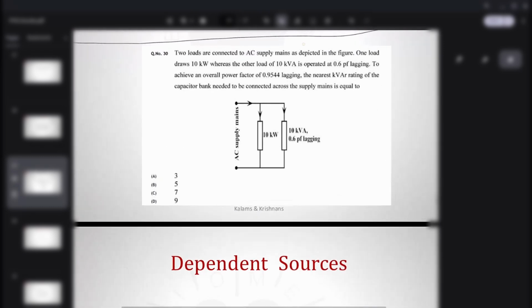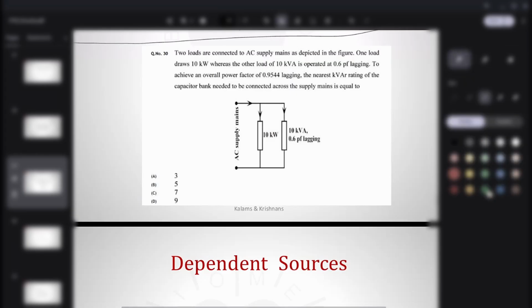Loads are connected to the AC supply mains as depicted in the figure. One load draws 10 kilowatt, so let me write down, this is real kilowatt, that is true or real. The other load, kVA, is operating at a power factor of 0.6.